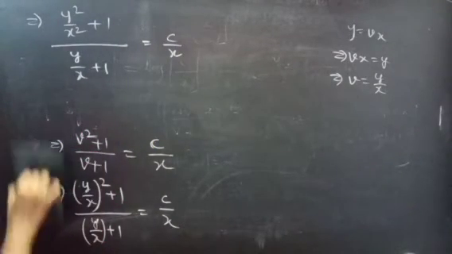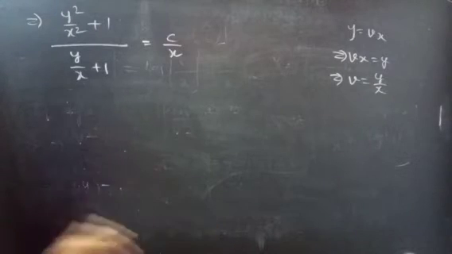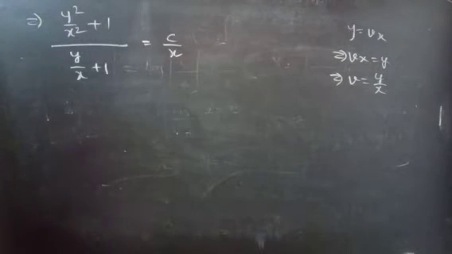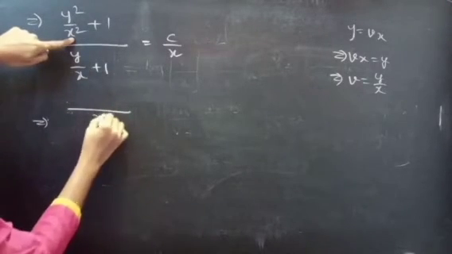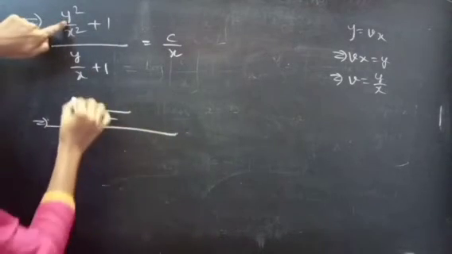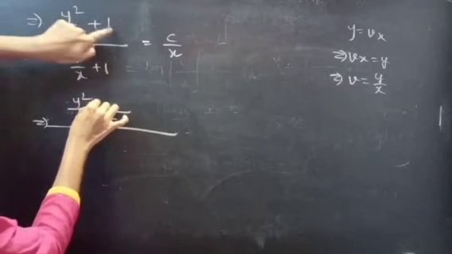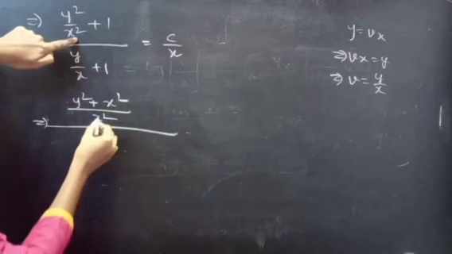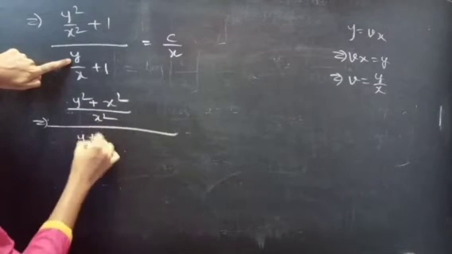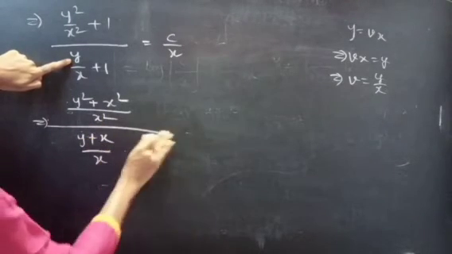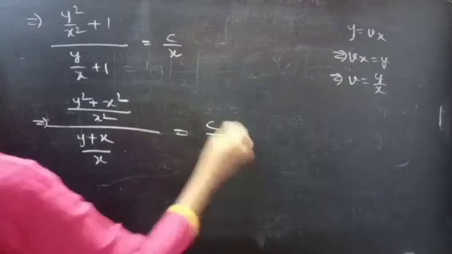Now take the LCM in the numerator and the denominator as well. In the numerator x square will be the LCM, so we get y square plus x square by x square, and in the denominator x is the LCM, so y plus x by x equals c by x.